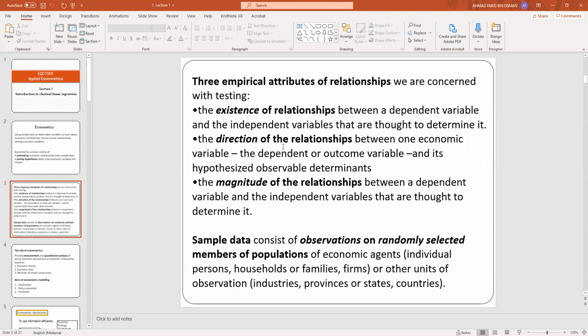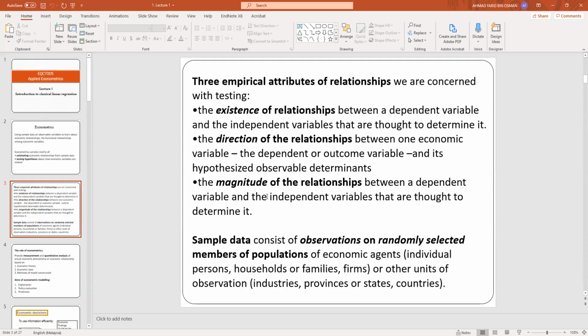If positively related, it means that when that particular X increases, the dependent variable Y also increases. If the direction is negative, then when that particular X increases, the values of Y decrease. And then we would like to know the magnitude, how large the effect of each X on Y is.